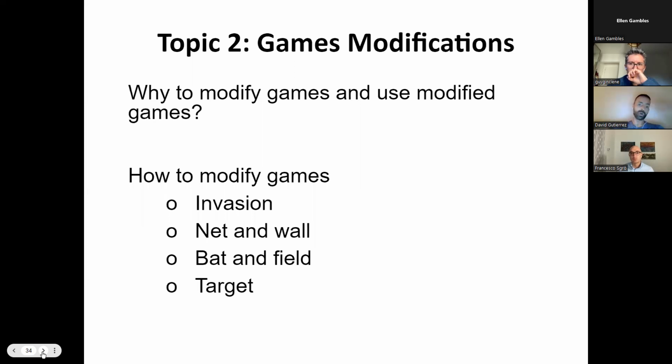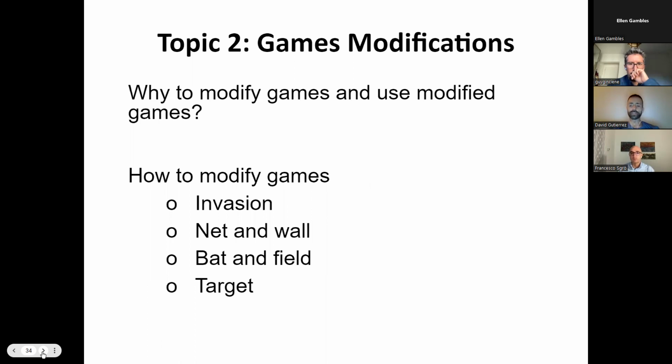So in this topic 1, we will address why to modify games and use modified games, because when we modify a game, it's very simple. We call them modified games, which are real game situations that we are practicing with the same essential elements of the game, but we modify them for a purpose we will see in a moment.